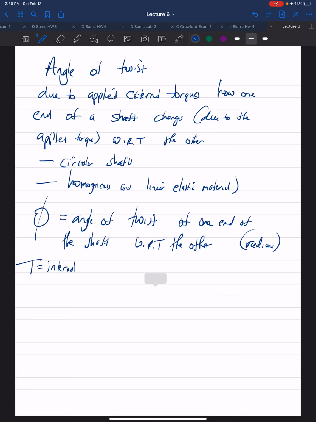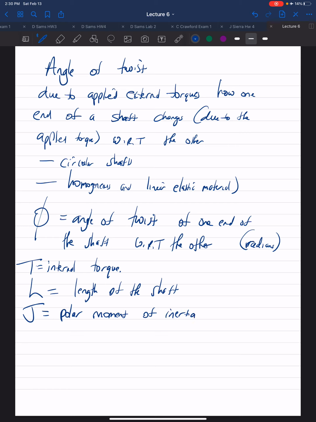Keyword there, again, is internal. You have your L, which is the length of the shaft. You have your polar moment of inertia. And you have your G, which is your shear modulus of elasticity.